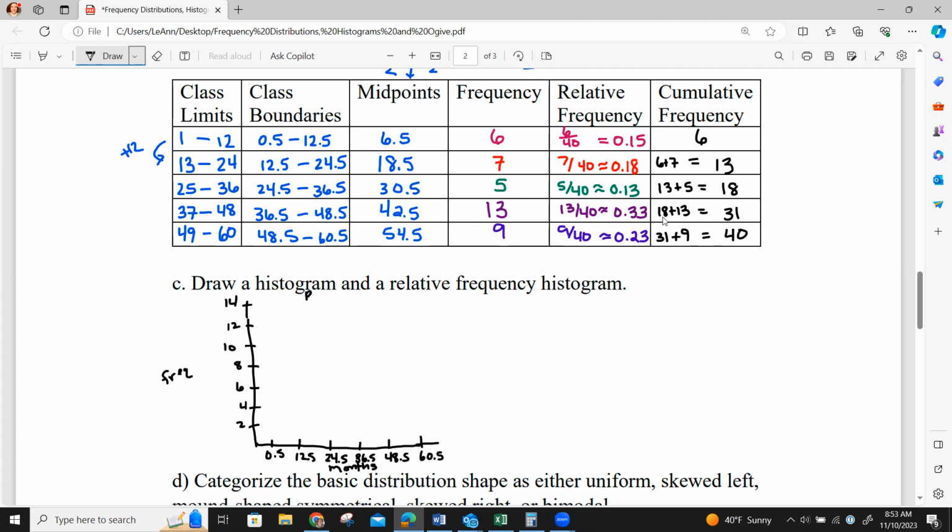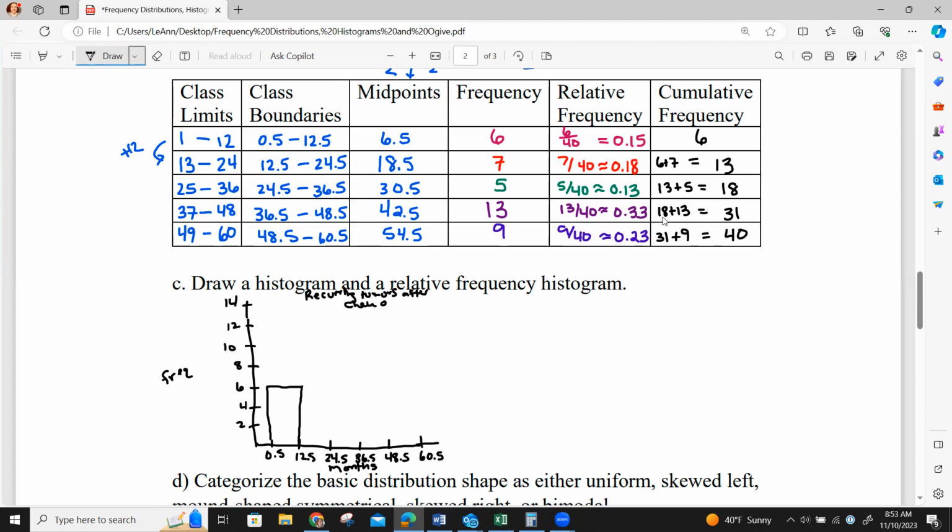And this was reoccurring tumor after chemo. That's what we're measuring. Okay, so we're going from 0.5 to 12.5 for this first class interval, and we needed to have a frequency of 6. So that's the height of our bar on that class boundaries list.